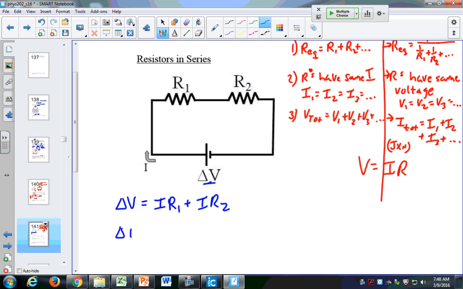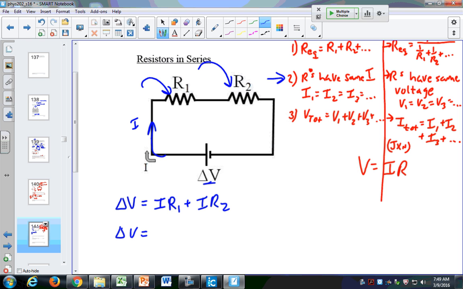That is to say, because resistors in series have the same current, the current that comes through this circuit goes through this resistor. It also goes through this resistor. It doesn't have anywhere else to go, right? It has to go through those resistors. So that's where this rule comes about, that resistors in series have the same current. They have to have the same current because there are no junctions for that current to split up into.